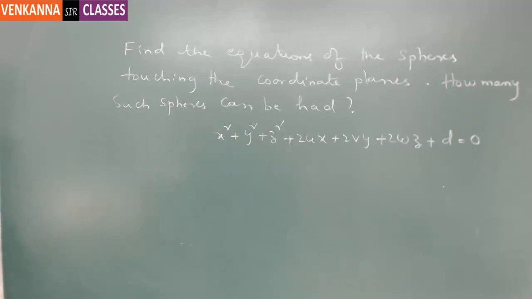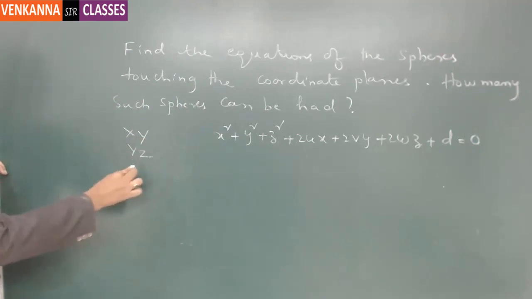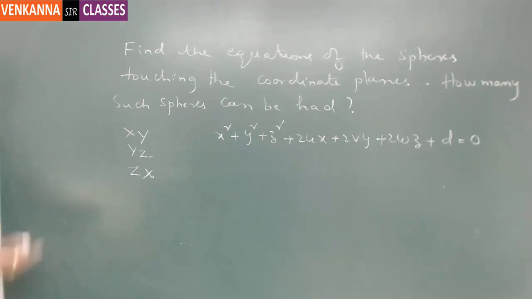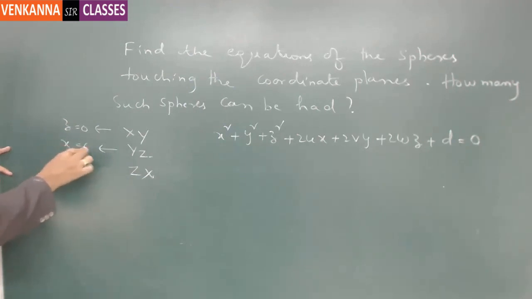Now, if you observe the condition, the sphere is touching the coordinate planes. Obviously, it will touch the xy plane, yz plane, and zx plane. So, if you consider the respective equations, it is nothing but z is equal to 0, x equal to 0, and y is equal to 0. Accepted? All of you.